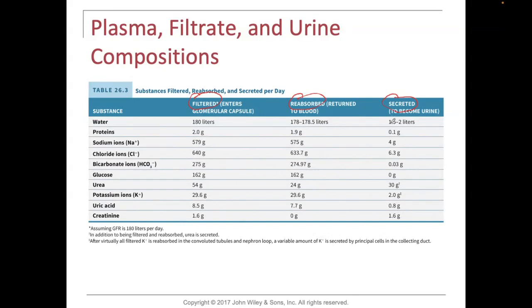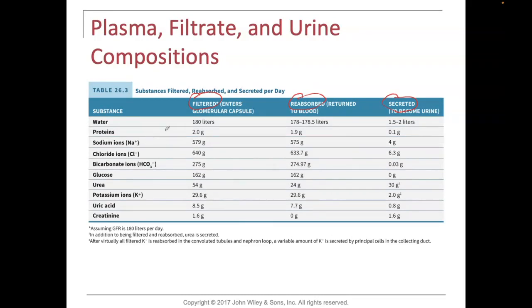We're only getting rid of 1.5 to 2 liters a day. Let's look at protein. The body's filtering 2 grams, about 1.9 is reabsorbed. So when we do urine tests, we don't want to see lots of protein being pushed out in the urine. If protein levels are high, there's a problem.